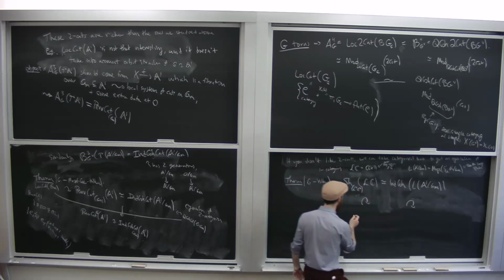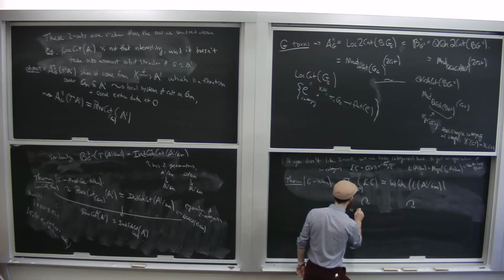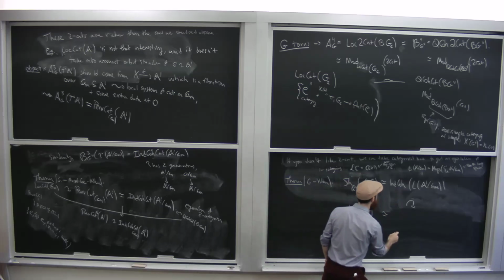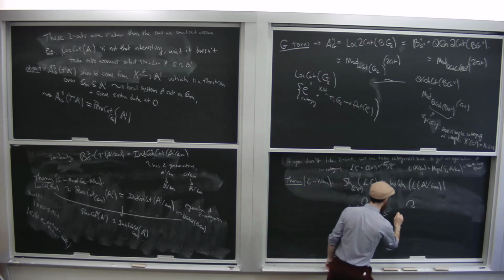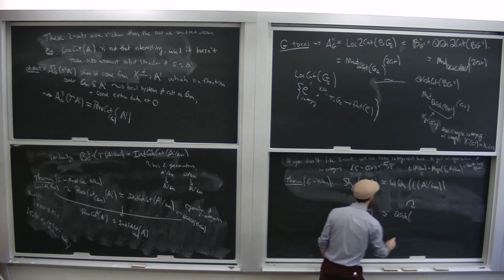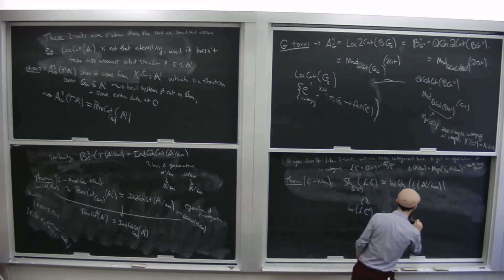On this side you have local systems on the loop space of C star, and on this side you have quasi-coherent sheaves on the Betti loop space of BG_m.